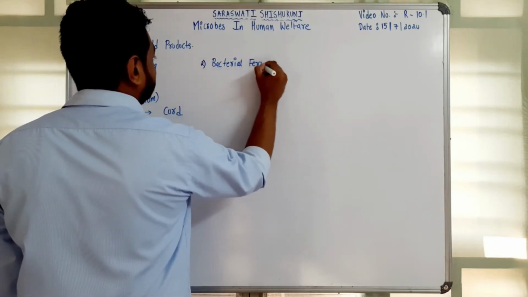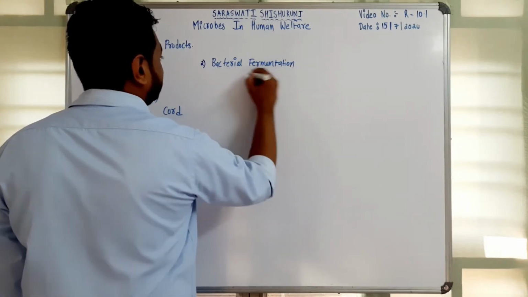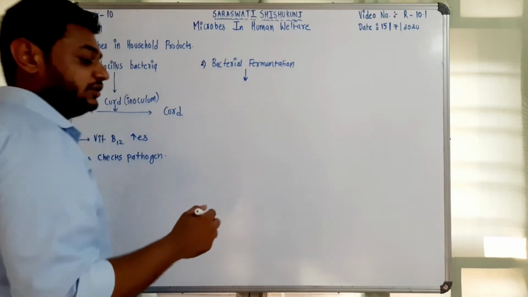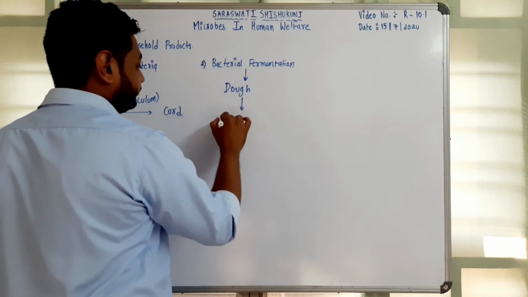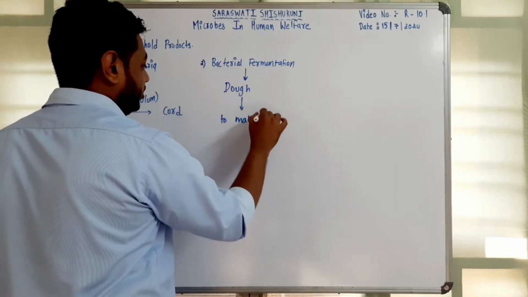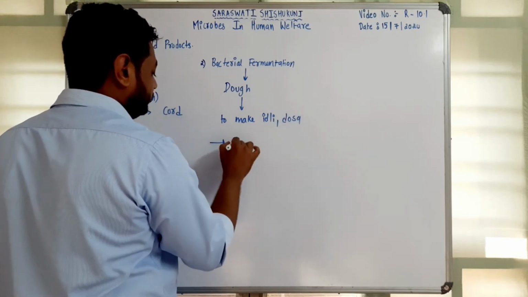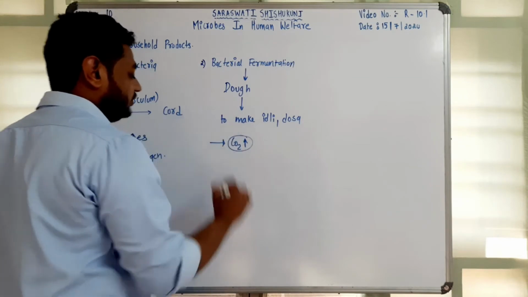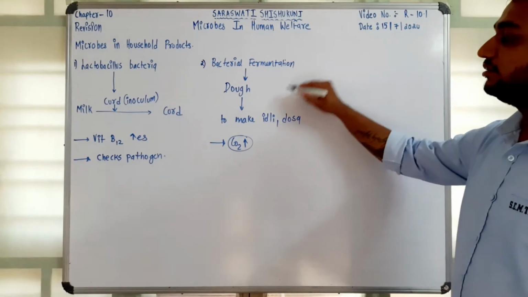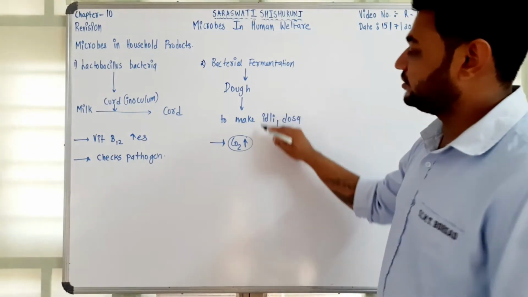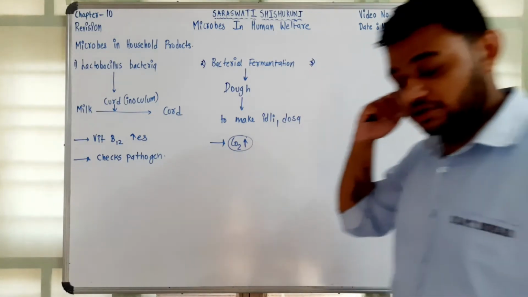In this case, it is used to ferment the dough of idli and dosa to make idli and dosa, right? And this also produces CO2. So bacteria are used to ferment the products, generally South Indian dishes, right?